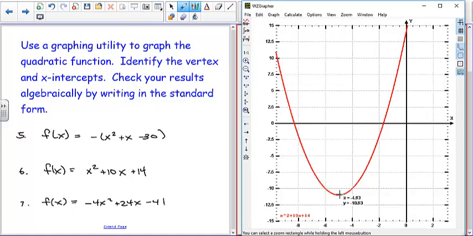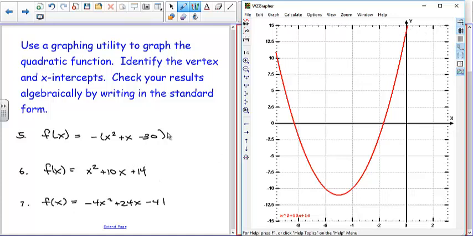So you can see the vertex is about -5, -11. And the x-intercepts here are around -1 2/3 and -8 1/3. And we have a y-intercept of about 14.